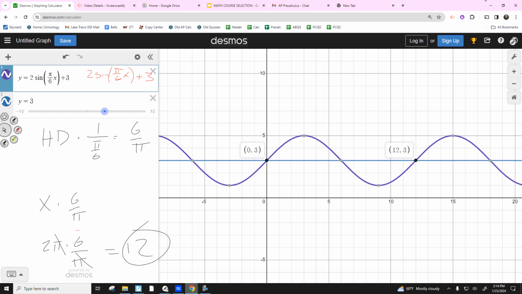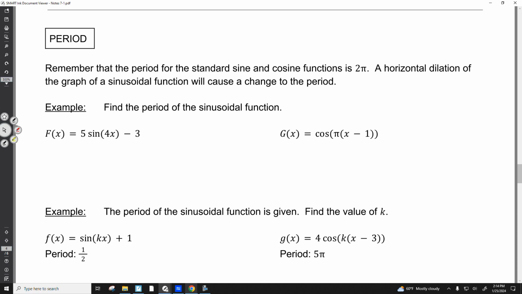So, everybody, your period: you will take your standard period of sine and cosine, dilated by the factor of b, means divide it by b. This dividing by b means you're doing a horizontal dilation.